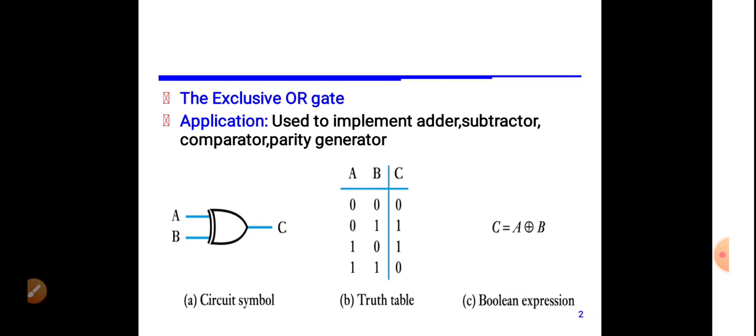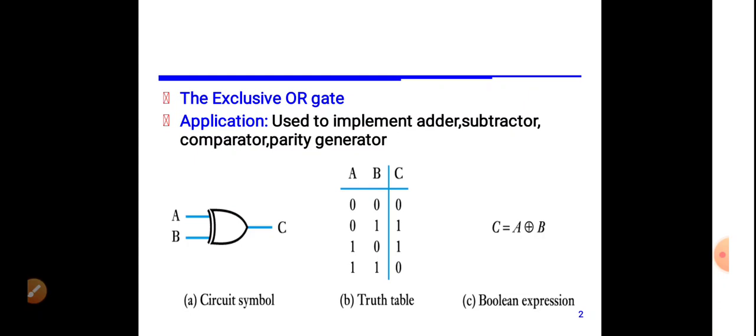Wherever the number of ones at the inputs is odd, meaning the number of ones is either 1 or 3, at those combinations the output is 1. Whenever there is an even number of ones, the output is 0.